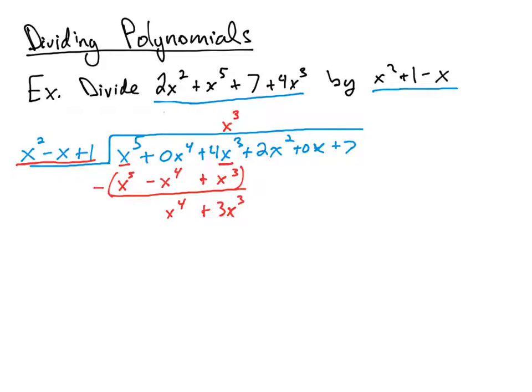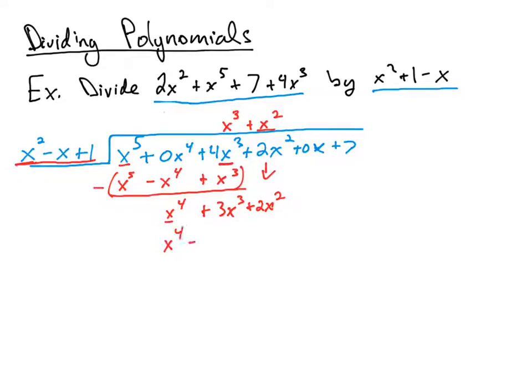All right, the next step is to bring down the next term. So we can write plus 2x squared here. And then we just repeat. How many times does x squared go into x to the fourth? It goes in x squared times, so plus x squared, and then multiply that x squared times each term in the divisor.